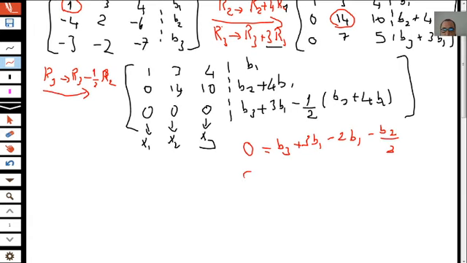From here we get b3 plus b1 is minus b2 over 2.